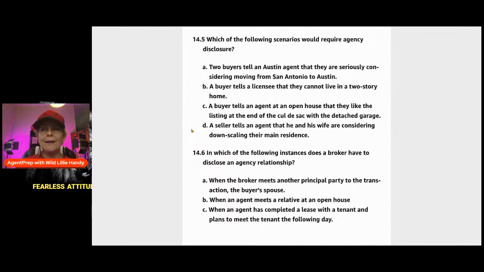D, a seller tells an agent that he and his wife are considering downscaling their main residence. So which of the following scenarios would require agency disclosure? Type your answer in the chat.